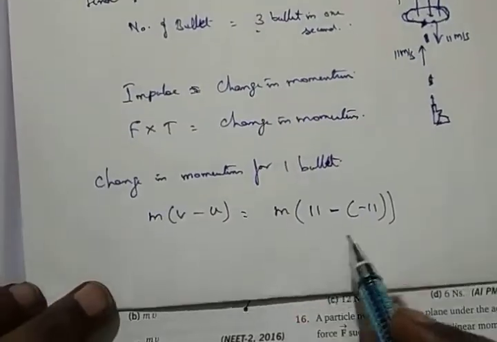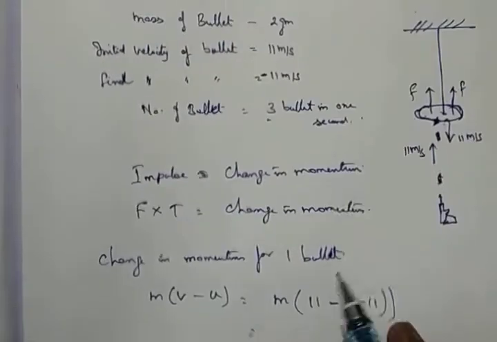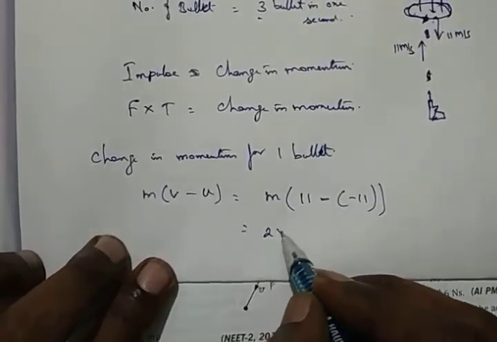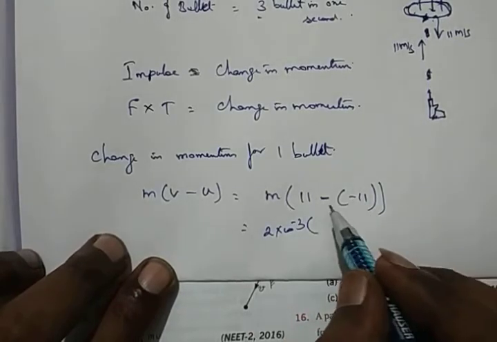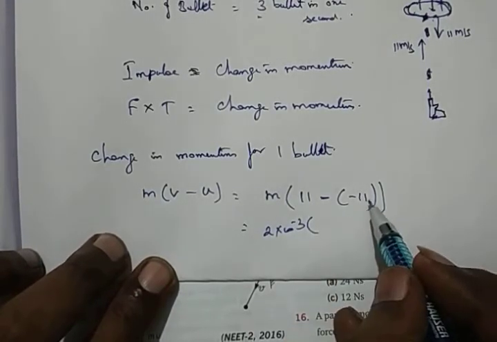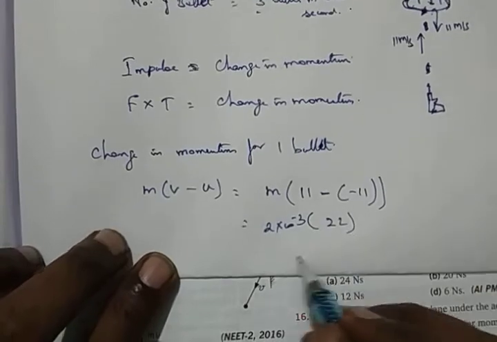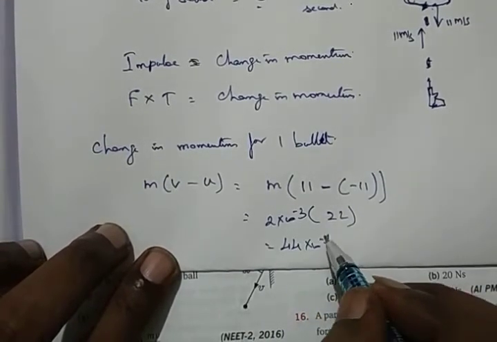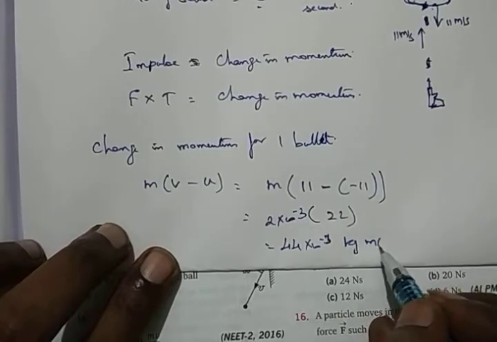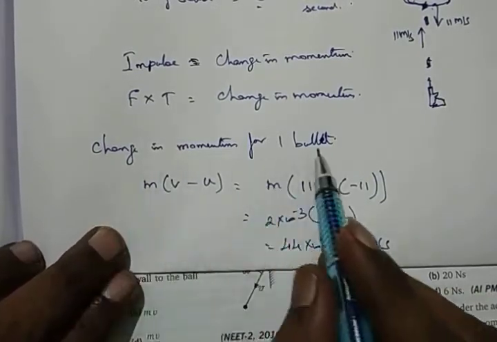So you get here minus of minus 11. What is mass? 2 grams. It is 2 into 10 to the power of minus 3 into these two things. It will become 11 plus 11. It will become 22. So it is going to be 44 into 10 to the power of minus 3 kg meter per second. That is the change in momentum for one bullet.